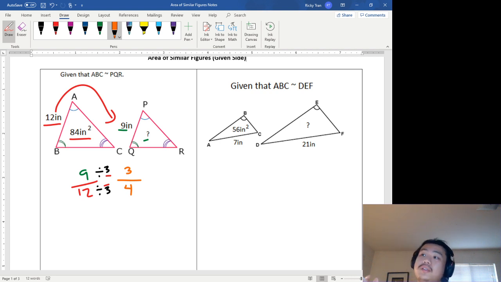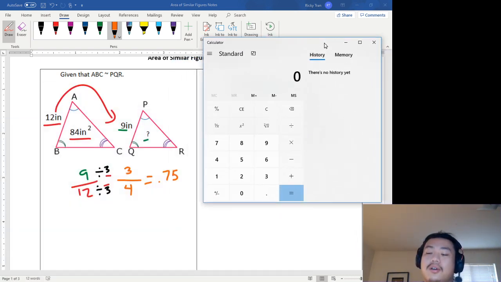So all you're doing is taking your 84 inches and multiplying it by the scale factor, in this case 3 over 4. This is also equivalent to 0.75 if you put it in a calculator. So you can always do 3 over 4 and find that it's 0.75.